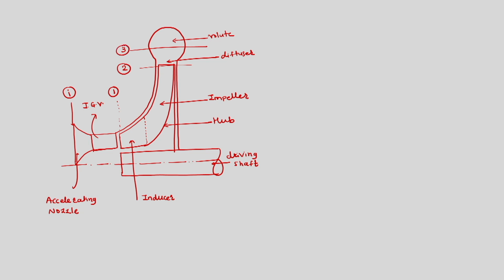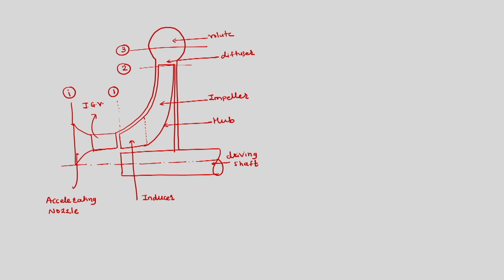So these are the 4 stations for discussing the thermodynamics of this centrifugal compressor. Now this impeller is casted on one side of a disc such that, upon rotation, it will take the air or gas from the accelerating nozzle and pass it to the diffuser and then to the volute casing.